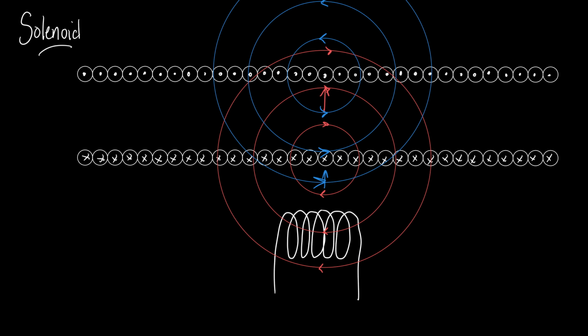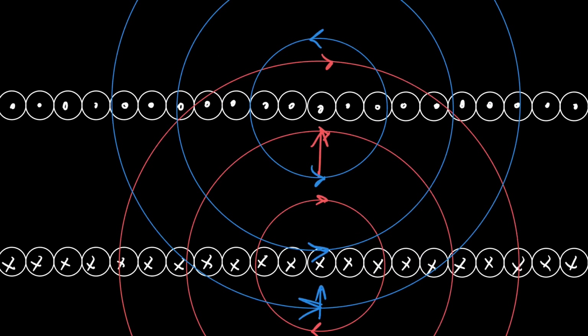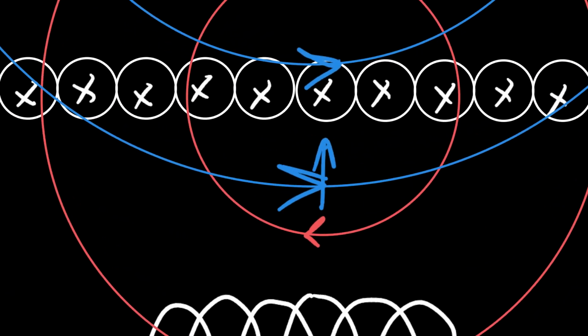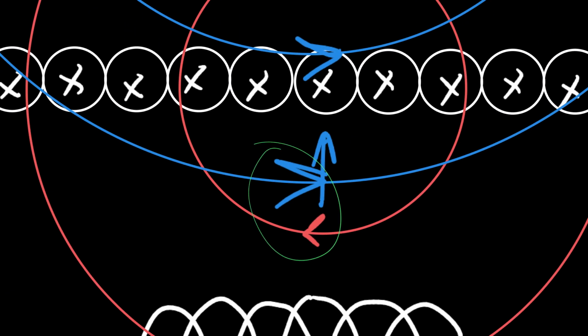So here's the first thing I want to talk about with solenoids. If we look on this part of the solenoid, do you notice clearly that the magnetic fields appear to be in opposition to each other? You guys see that? So this is outside the solenoid on the top. And outside the solenoid on the bottom, we get a similar opposition. So the two magnetic fields are in opposition to each other. Do you guys see that okay?